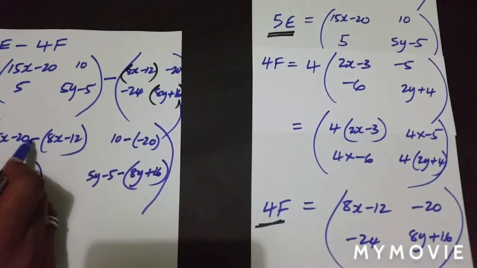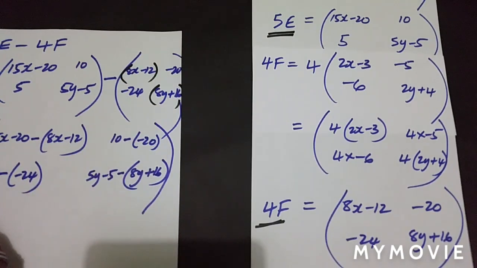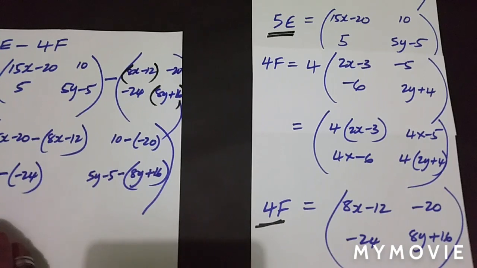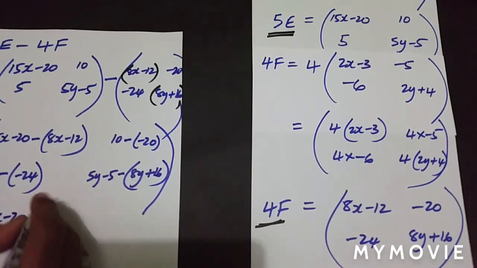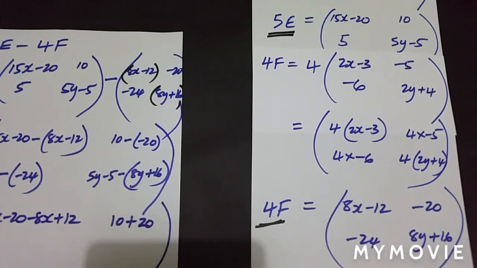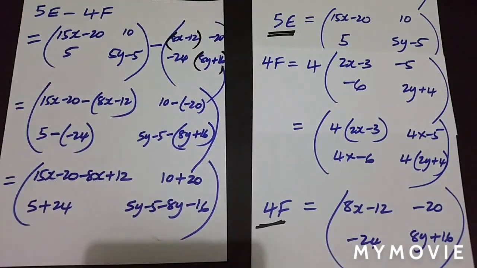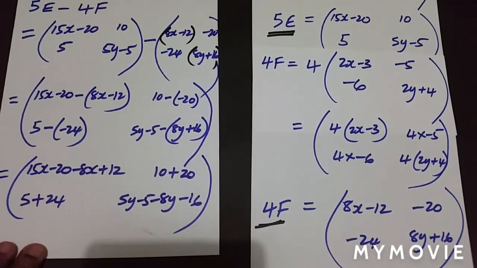So these negative signs will change the signs inside the bracket for the algebraic expressions. All right. So it's equal to 15x minus 20 minus 8x plus 12, and obviously this is 10 plus 20, so we can understand that this is 5 plus 24, and of course here now 5y minus 5 minus 8y minus 16, and all that's left for us to do is group the like terms, and simplify from there.